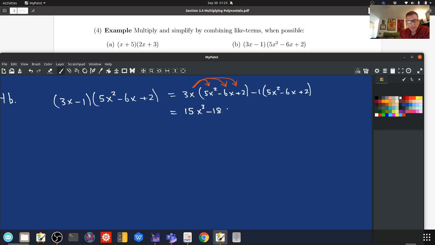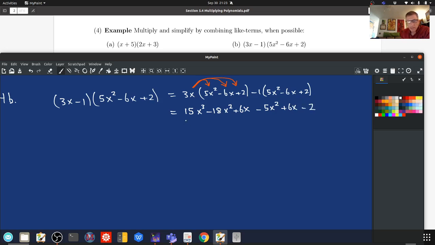X times x is x squared. 3x times 2, well 3 times 2 is plus 6, and I have my x there. Now minus 1 times 5x squared is minus 5x squared. Minus 1 times minus 6x is plus 6x. Minus 1 times 2 is minus 2.